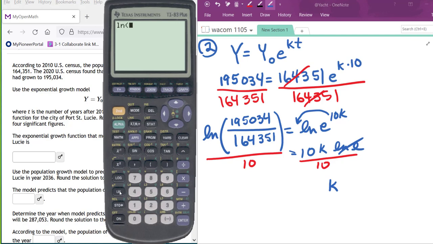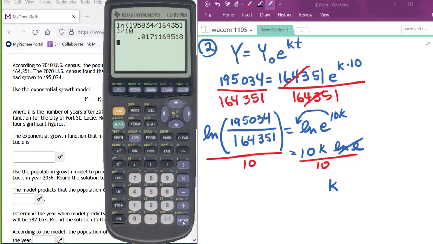So natural log of 195,034 divided by 164,351. Close the parentheses. And now go ahead and do divided by 10. Enter.